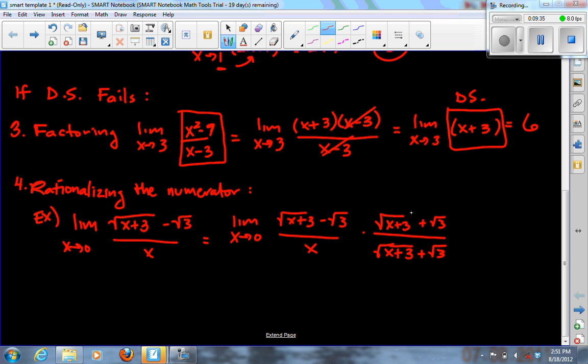So what happens when you multiply conjugates is the outer and the inner terms go away. When you FOIL these two together, I'm now going to get the limit as x approaches 0. First times first, square root of x plus 3 times the square root of x plus 3 is just x plus 3. Outer and inner go away. Last times last, negative square root of 3 times positive square root of 3 is negative 3. And when I distribute this into the bottom, I'm going to get something crazy, so I'm just going to leave it, and you'll see why.